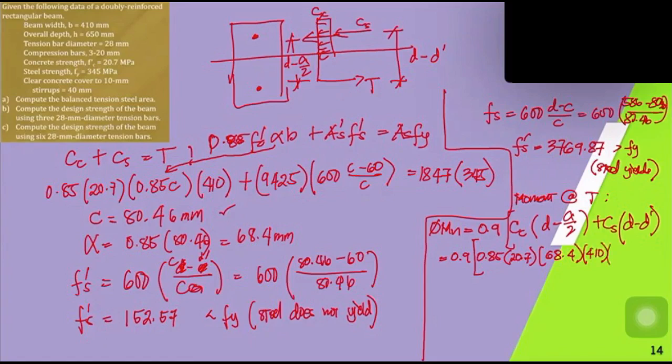Then we have D 586 less 68.4 over 2, plus 942.5, then 152.8 multiplied by the moment arm 586 less 60.